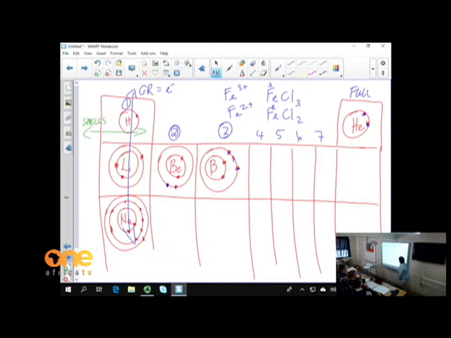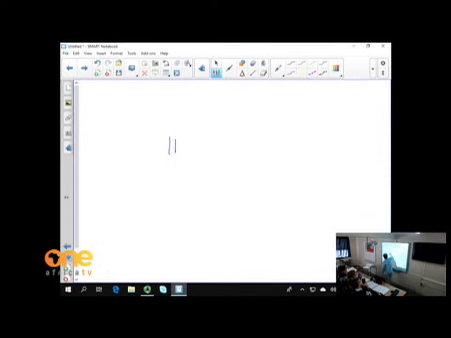So how do you know, if I say I've got iron chloride? We have to put a Roman numeral in brackets. So the name must be iron. Oh, sorry, not 1, but 3 or 2.